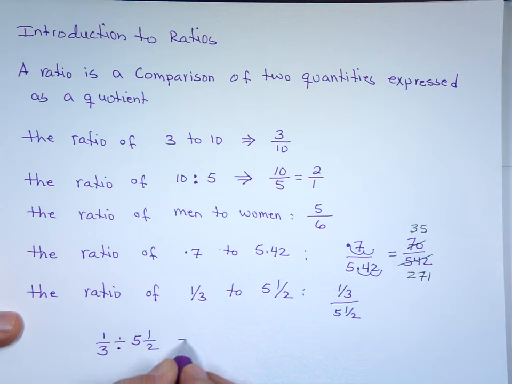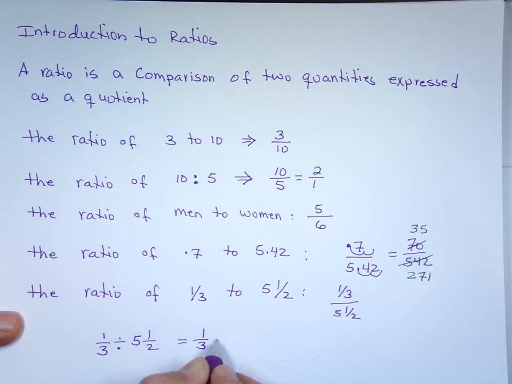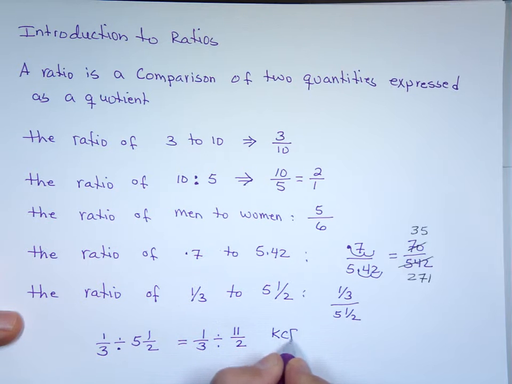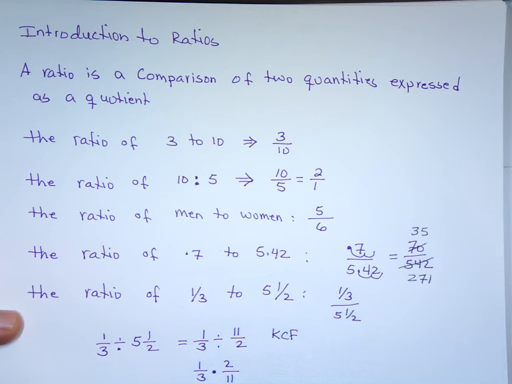First, before I do that, change it to an improper fraction. Now it's KFC. Keep, change, and flip. 2 over 33.